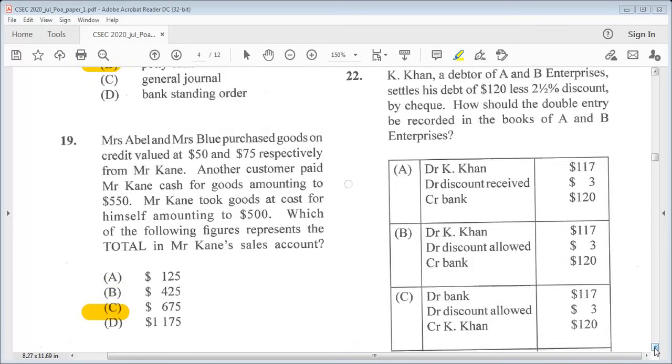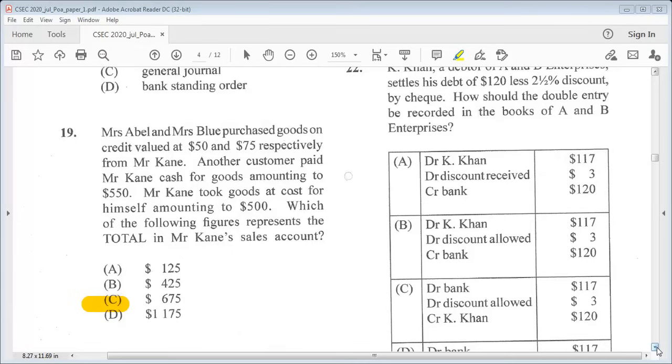It says K. Khan, a debtor of A and B Enterprises, settles his debt of $120 less 2.5% discount by check. How should the double entry be recorded in the books of A and B Enterprises? So we know that this one is going to be C. We're going to debit bank $117, debit discount allowed $3, credit K. Khan $120, because you would find 2.5% of $120 and you'd get $3.